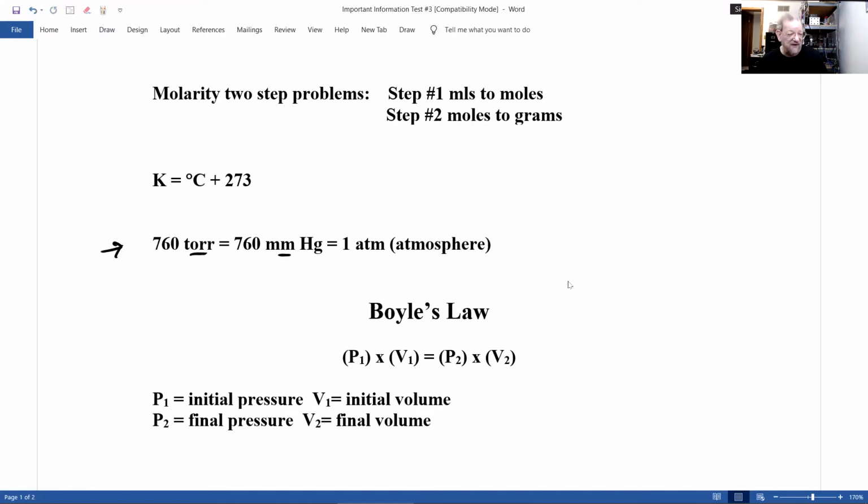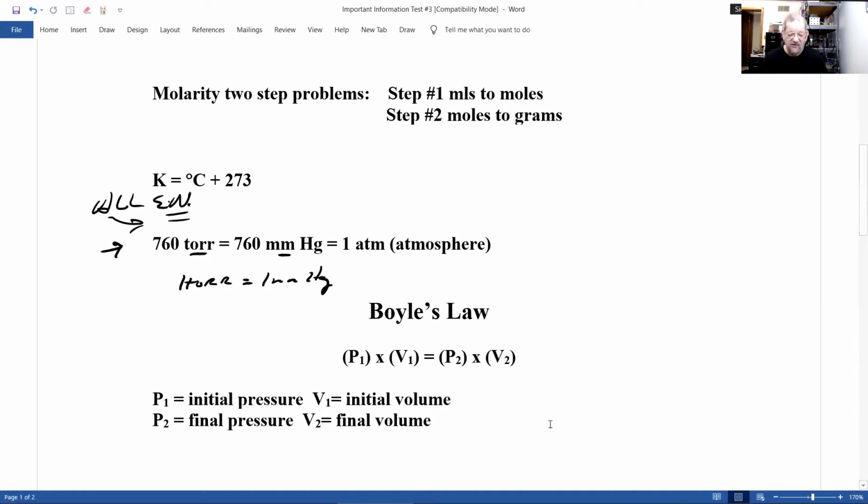If you divide both by 760, 1 torr equals 1 millimeter of mercury. Now, these are all exact numbers. So that means whatever you start with, that's how many significant figures you should end up with.